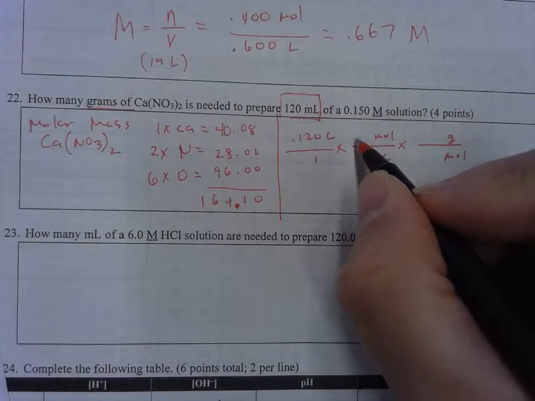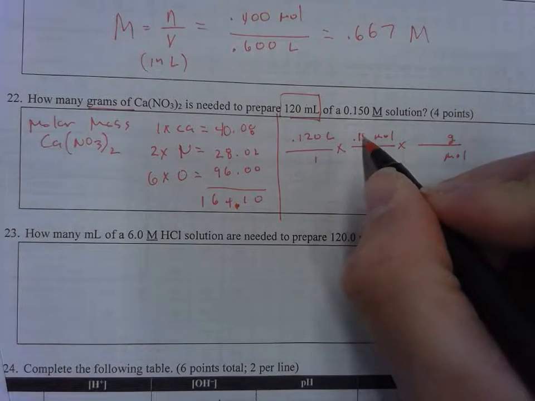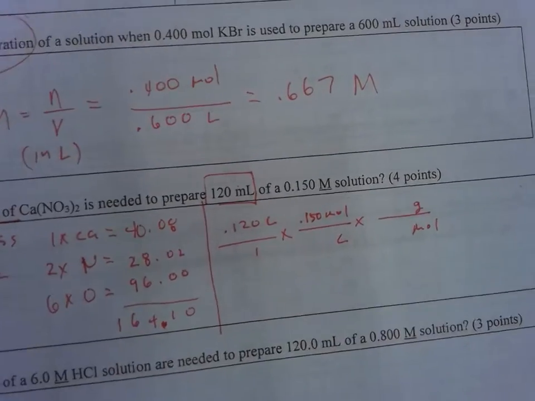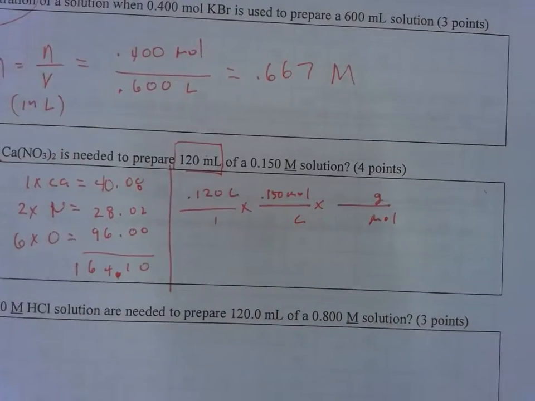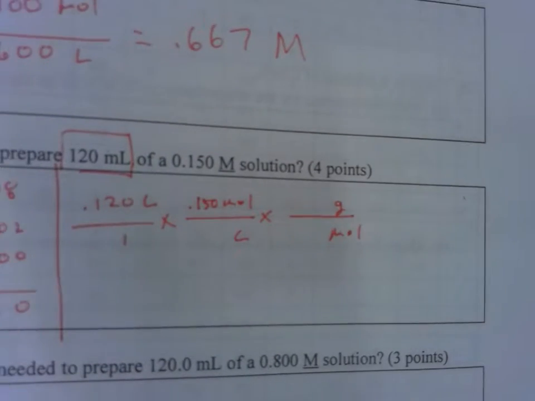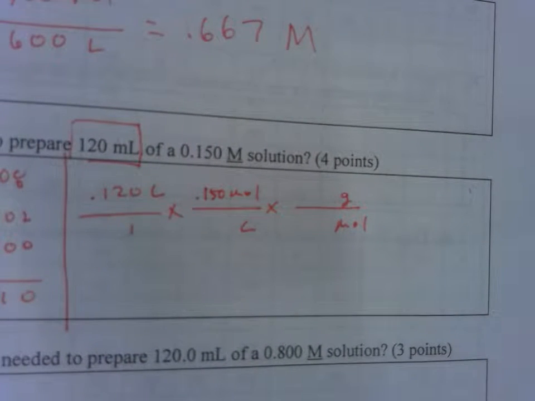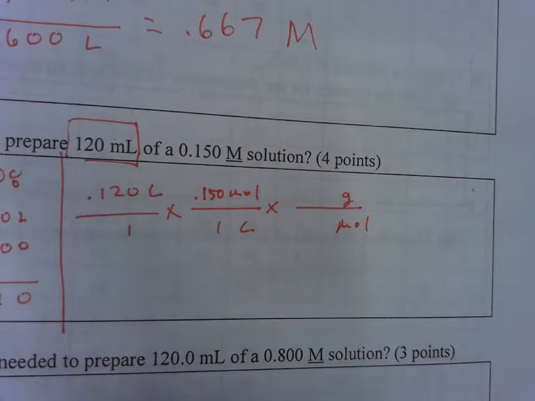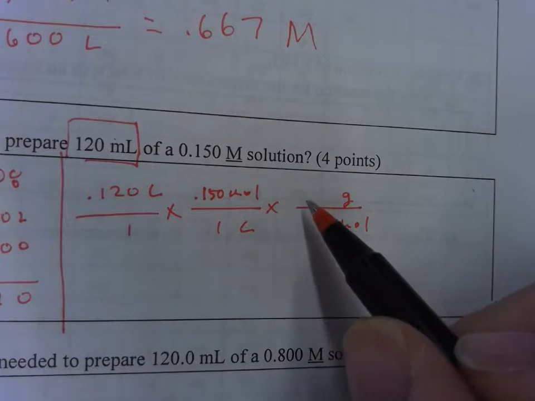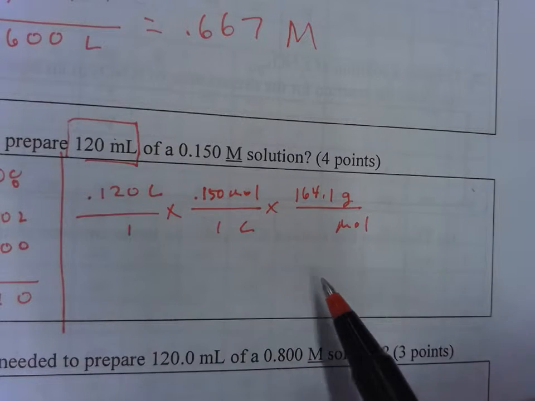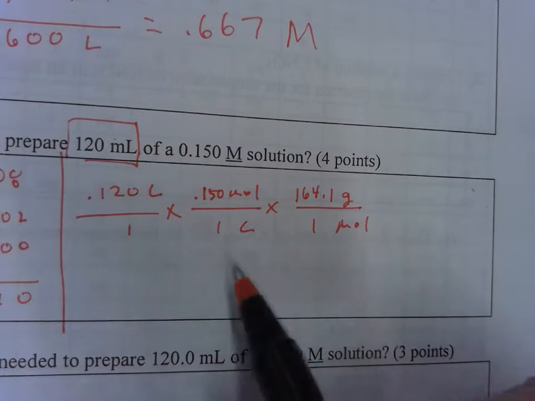0.150 moles per 1 liter. Make sure you guys can see that. And our molar mass we said is 164.10, and that's grams per mole.